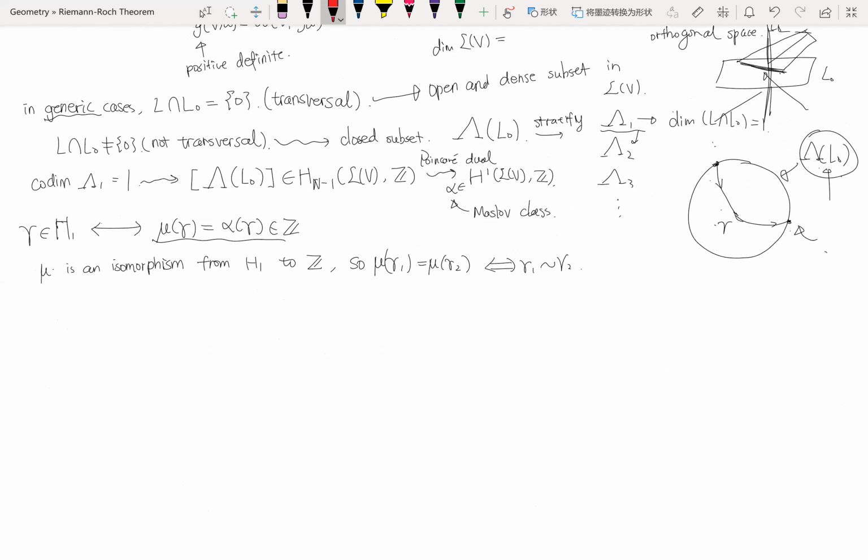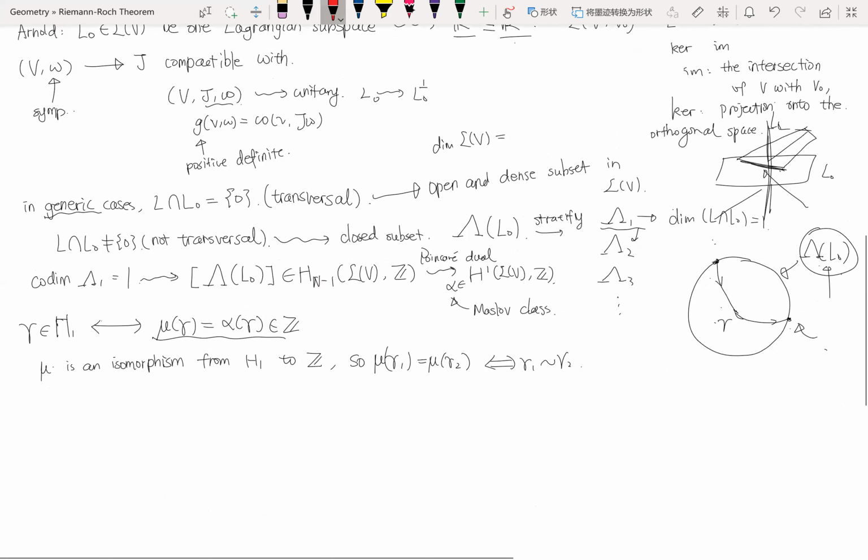So let's consider a proposition which says that LV is in fact a homogeneous space: it is the quotient of the group of all symplectic transforms of V, where we impose the symplectic form omega, by GLNR.